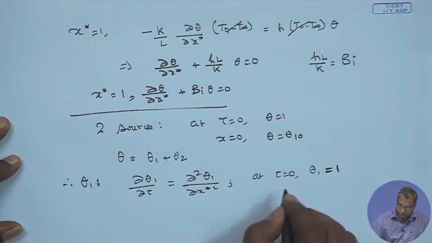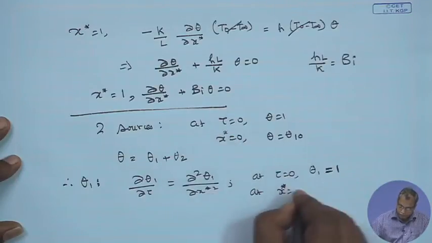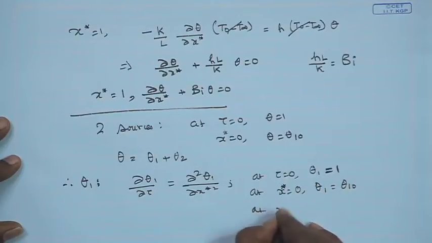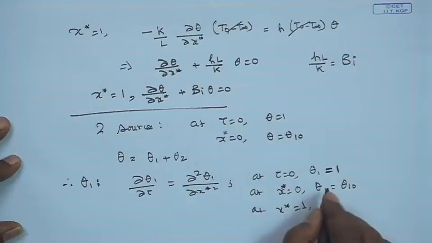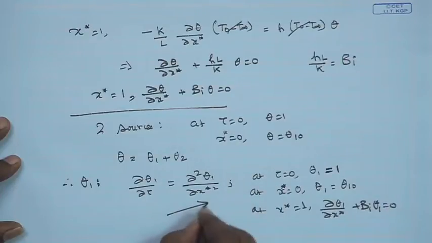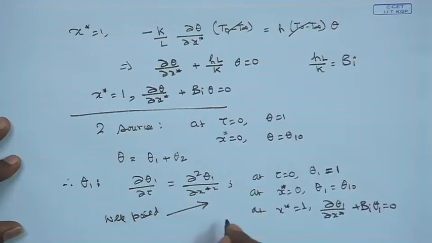At x star is equal to 0, theta 1 is equal to 0, and at x star is equal to 1, we have the mixed boundary condition del theta 1 del x star plus Bi theta 1 is equal to 0. This particular sub problem is a well posed parabolic partial differential equation, and we have already solved in great detail how to solve it earlier. Now, let us look into the other sub problem.